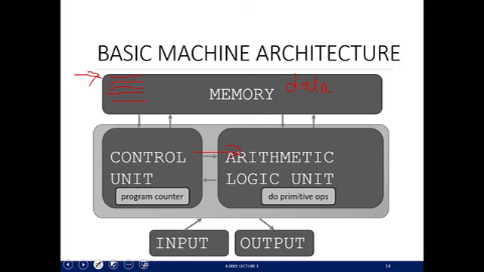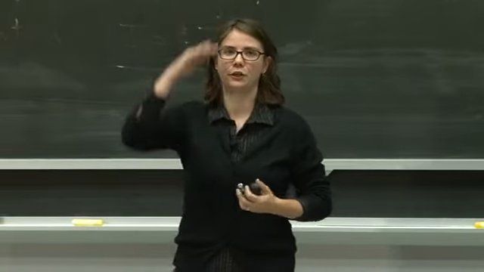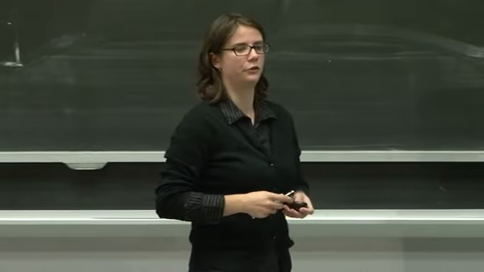It might get some data. If you're adding 2 numbers, it might get 2 numbers from memory. It might do some operations, and it might store data back into memory. After it's done, the program counter is going to increase by 1, which means that we're going to go to the next instruction. And it just goes linearly, instruction by instruction.